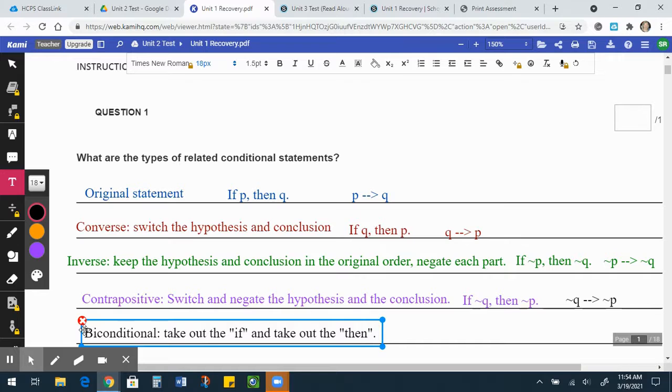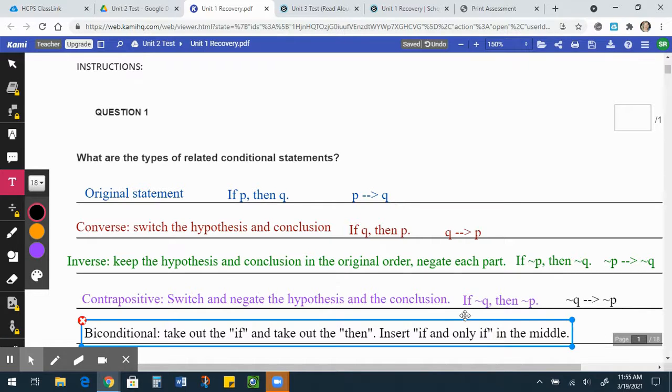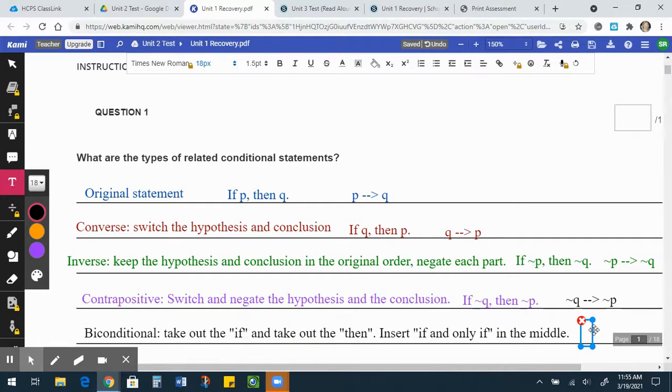And we're going to insert the words if and only if in the middle. So in if then form, we would say P, if and only if Q.